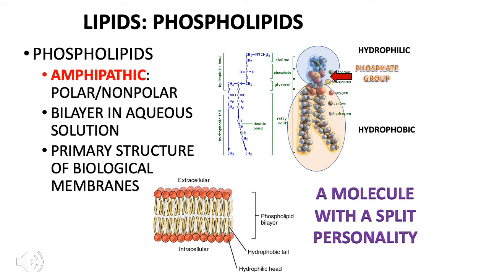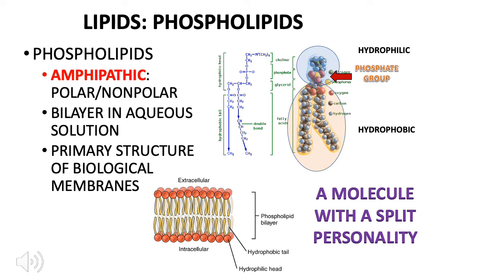The first thing I want to observe here, and it's not specifically mentioned in the bullet points, but you can see it from the illustration, is that a phospholipid is very similar in construction to our triglycerides. So what I would like you to do is, next to the slide, write down somewhere that a phospholipid consists of three different components.